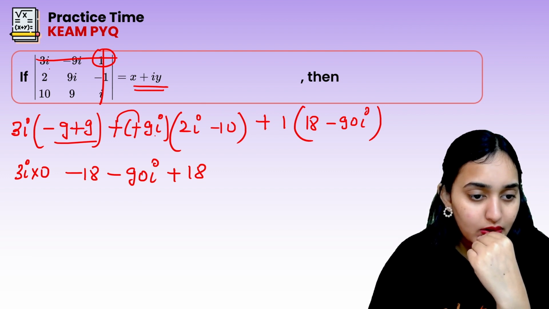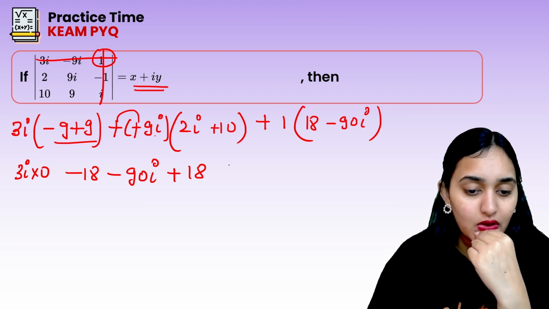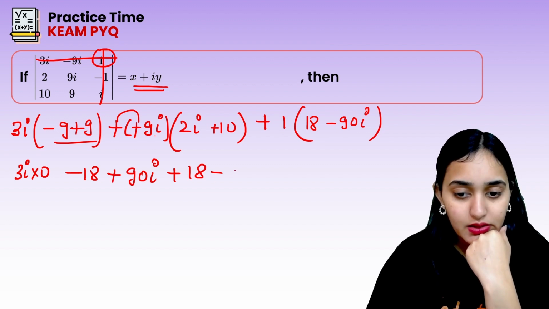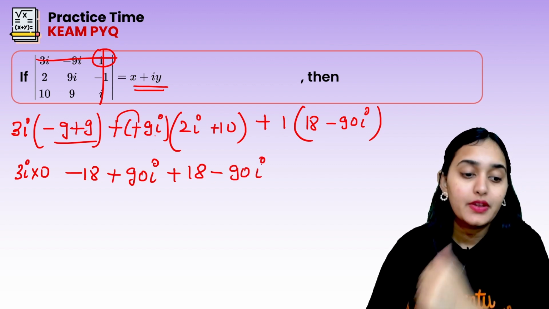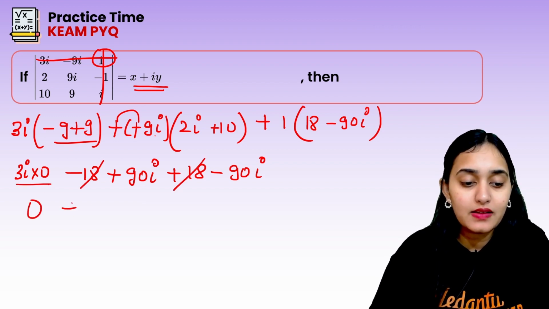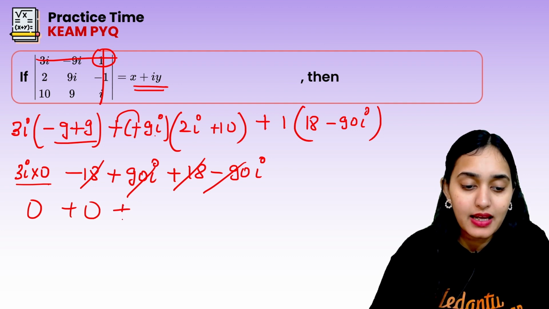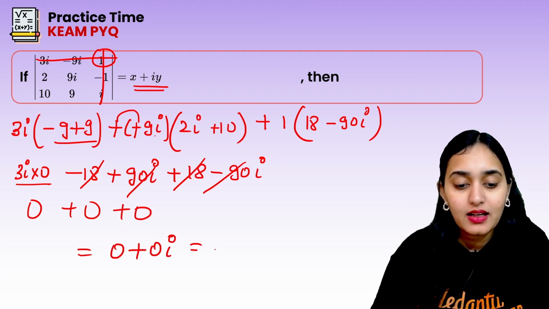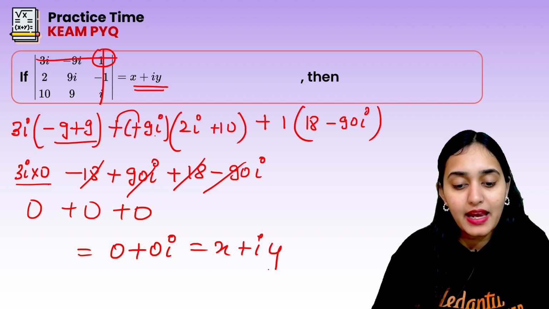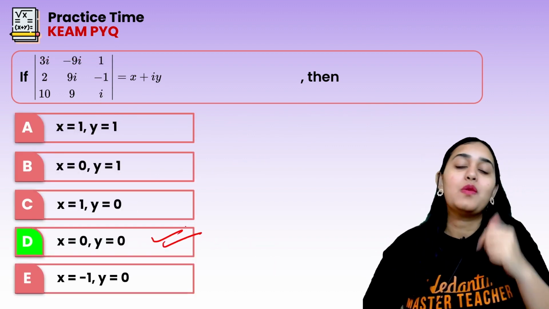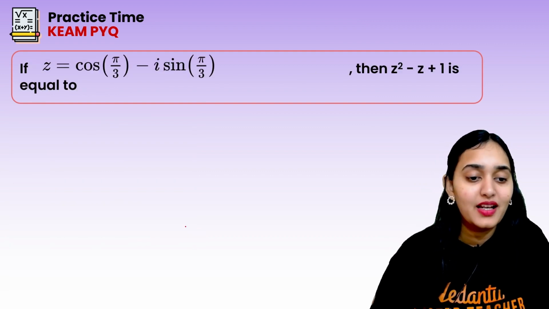This will be 2I. Oh, this is plus 10, sorry. So we have plus 90I. Here it is minus 90I. Now this is 0. Minus 18 plus 18, 0. 90I minus 90I, 0. So this is 0 plus 0I is x plus iy. So what is x and y? 0. So x is 0, y is 0. Okay.